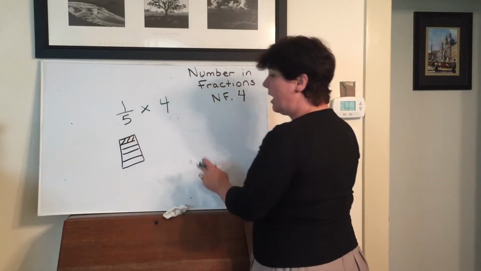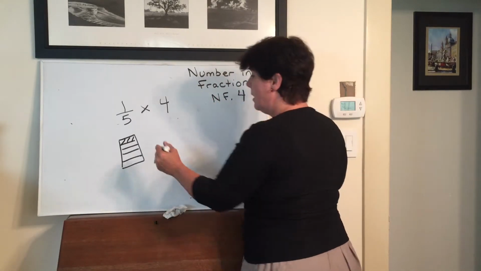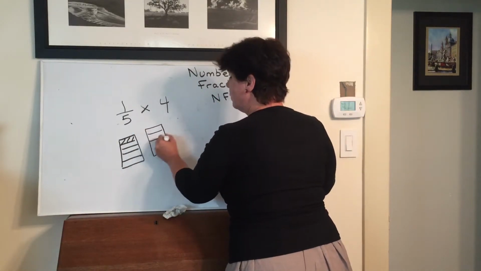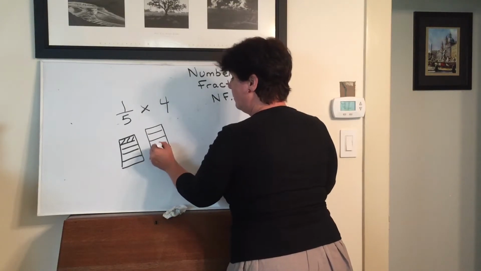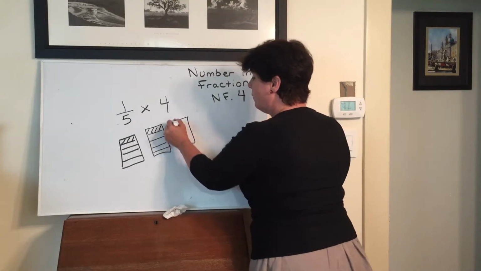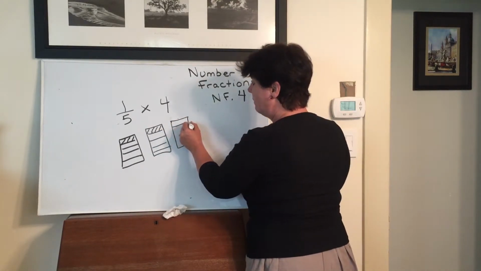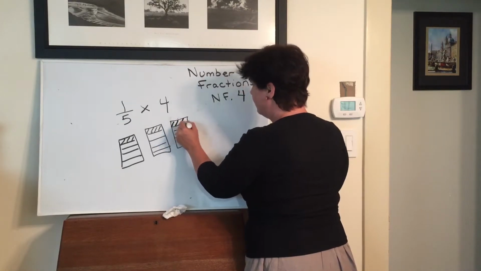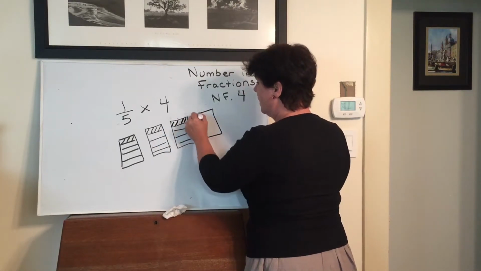And I don't just have it one time, I have it 4 times. So then I would just draw that same model 4 times for them to get that I have it not once, not twice, not 3 times, I have it 4 times.